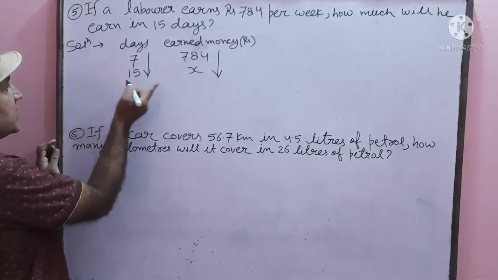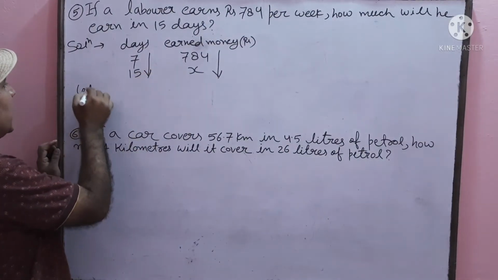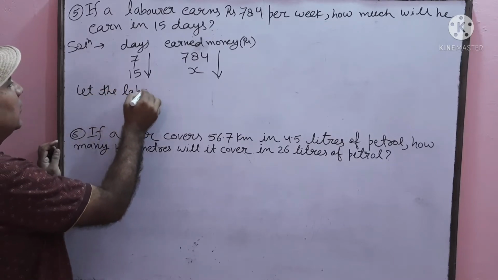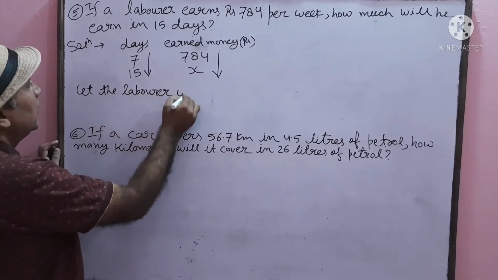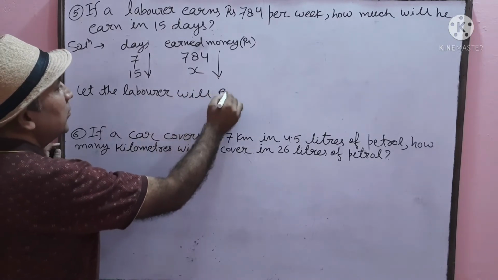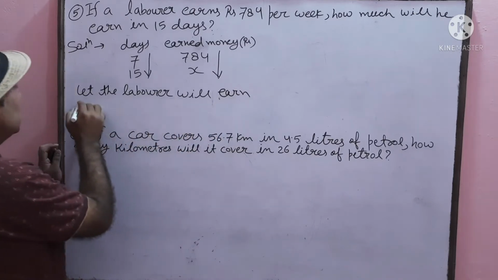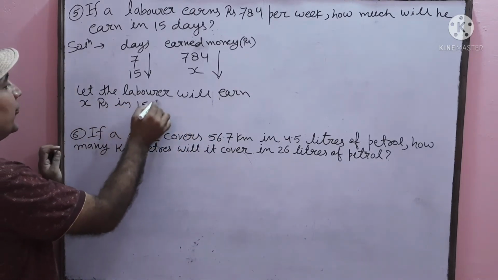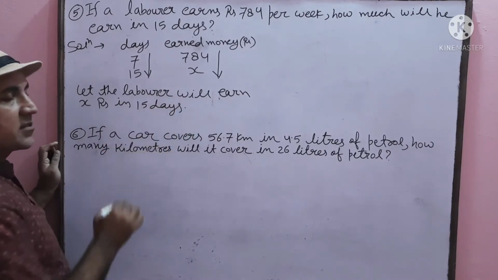Okay. This X is earned money. So write down the statement. Let the laborer earn X rupees in 15 days.